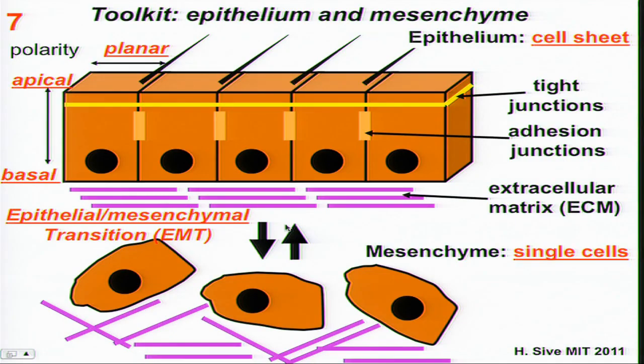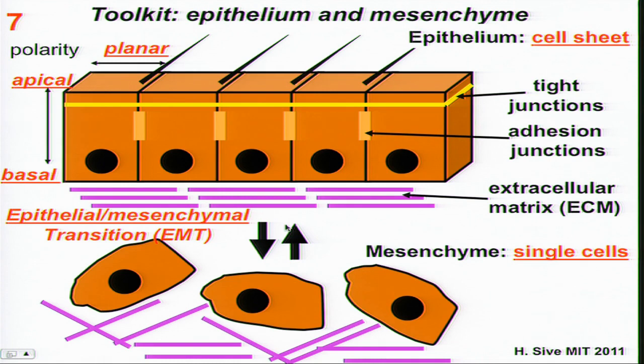Both epithelia and mesenchyme sit on the extracellular matrix, or ECM, which we mentioned way back. Glycoproteins that are involved in giving support and also carrying signaling molecules to cells. And here is the conversion of the sheet to the single cells and the single cells back to the sheet.